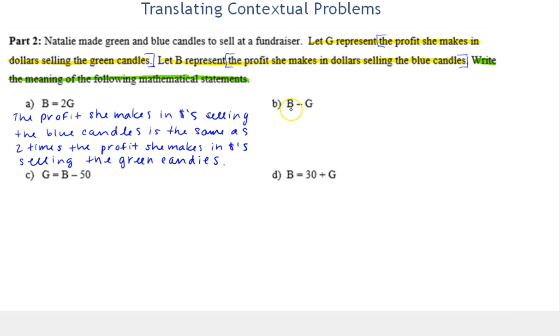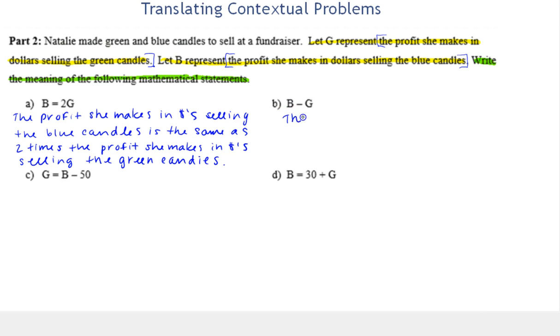So this one is B minus G. So we're subtracting. So we'll think of this as a difference. So it's the difference between B and G. And we'll start with B since B is first in this order.